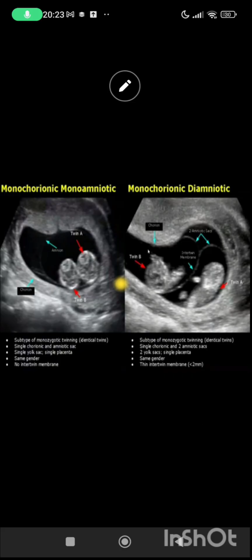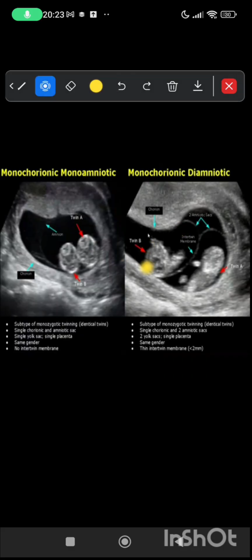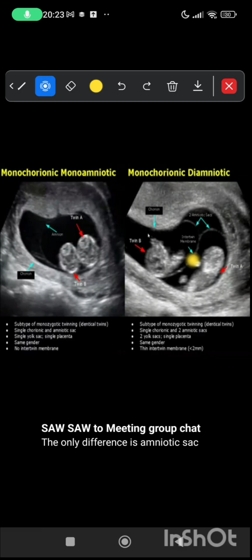So in both there is only one gestational sac and only one placenta. What's the difference? In diamniotic, there are two amniotic sacs and a dividing membrane. In monochorionic monoamniotic, no dividing membrane.